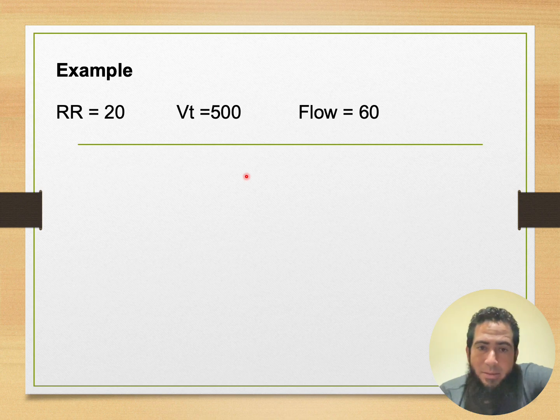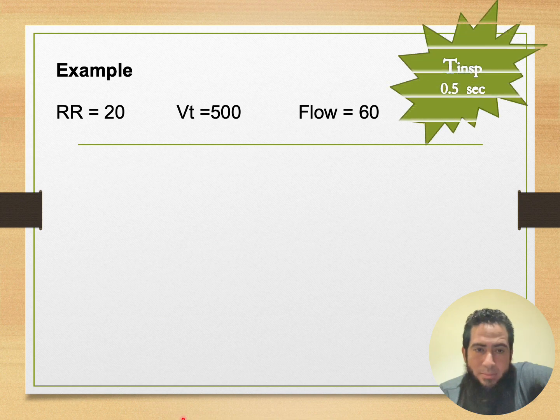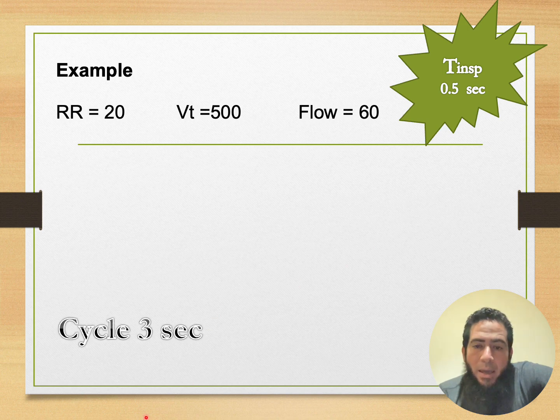So how much time will the half liter take to go in? Half a second. So the inspiratory time, instead of being 1 second, would be only 0.5 seconds. And we said before that the cycle is 3 seconds.